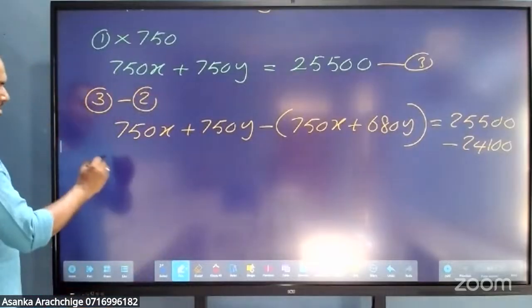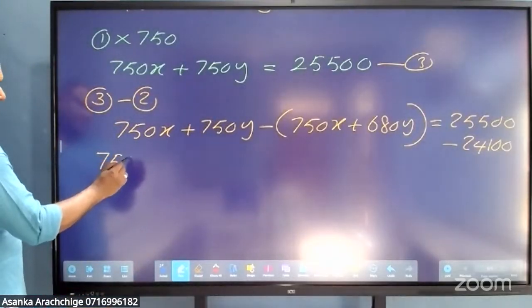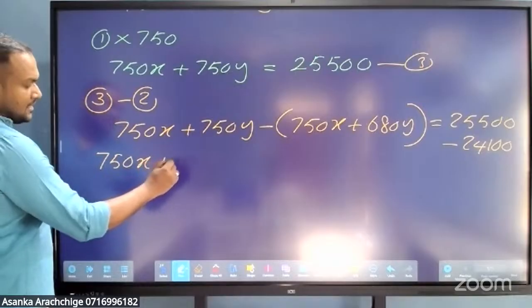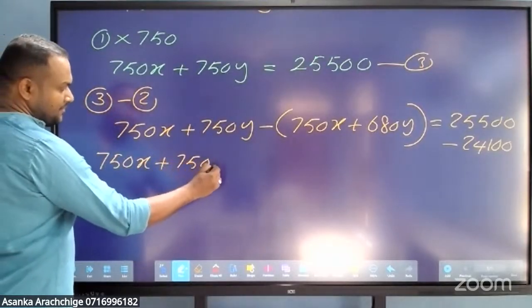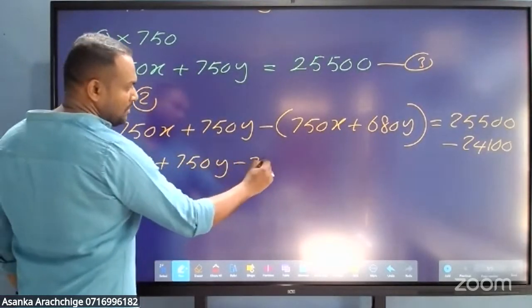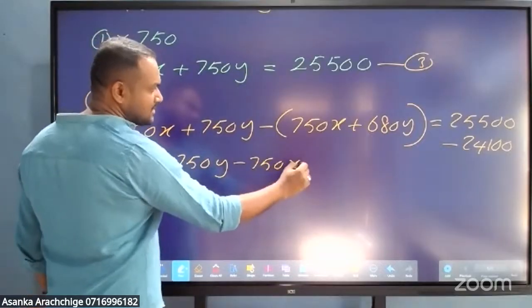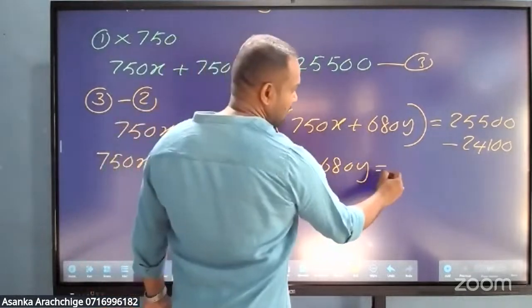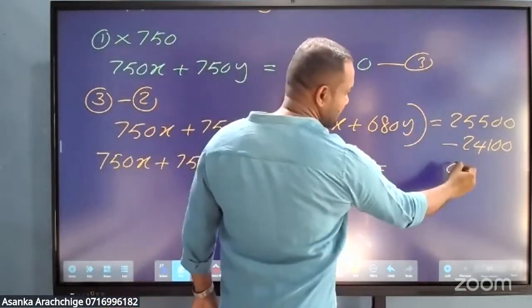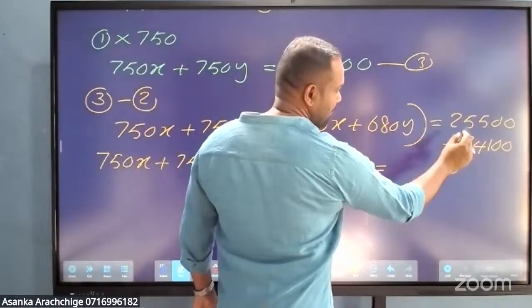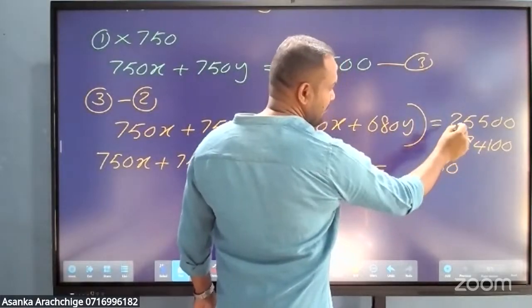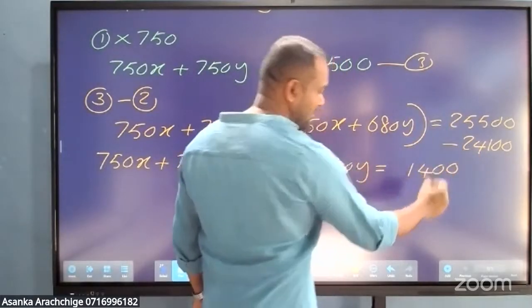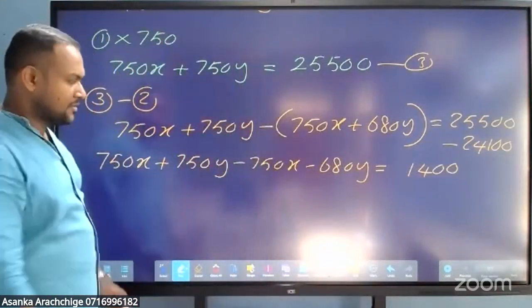Then remove the brackets. 750x plus 750y minus 750x minus 680y equals 1,400.